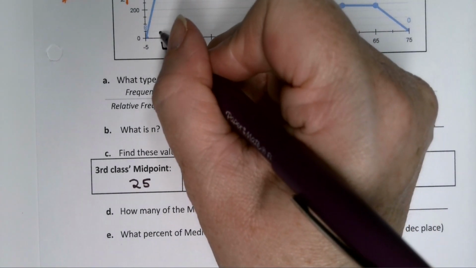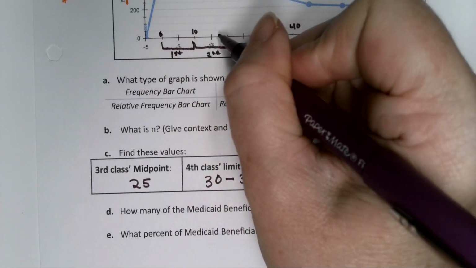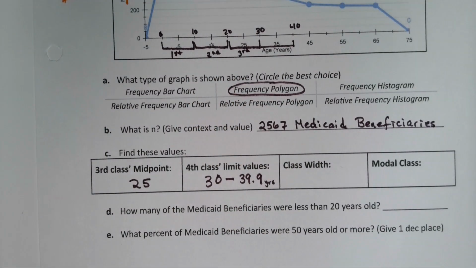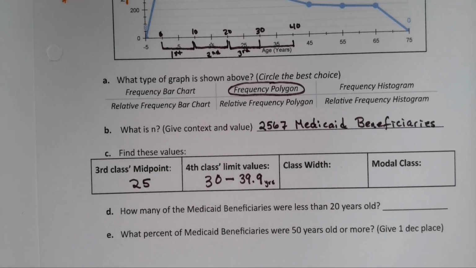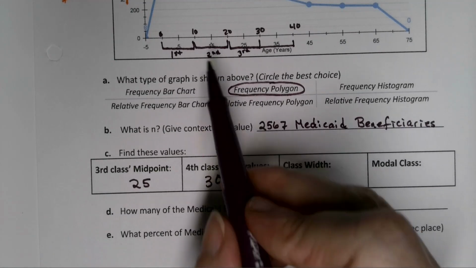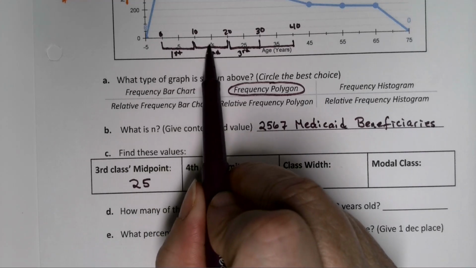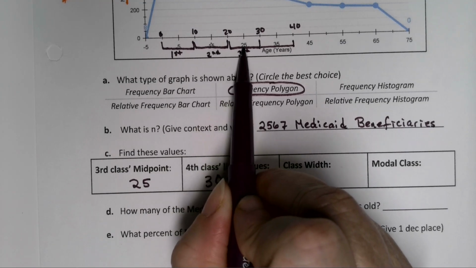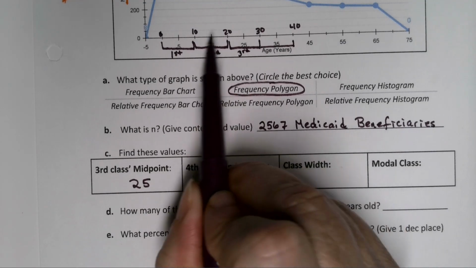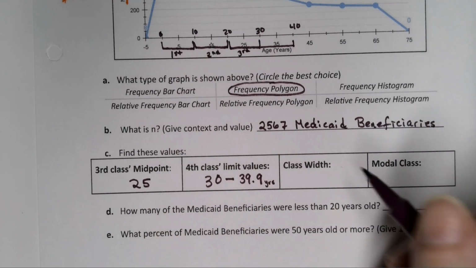So the first class starts at 0, the next class starts at 10, the next class starts at 20, and so on. You can tell because those numbers are halfway between the midpoints. What's a class width? Well, the class width is the same distance from midpoint to midpoint to midpoint. 5 to 15 to 25 to 35 are all 10 apart, just like 0, 10, and 20 are all 10 apart.